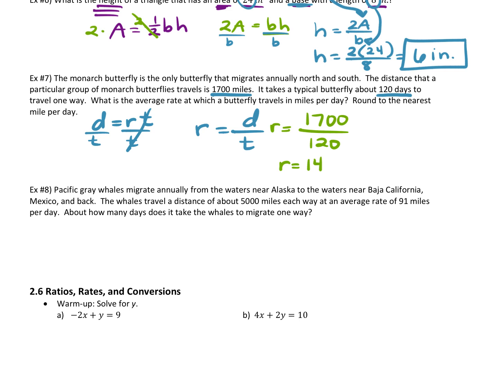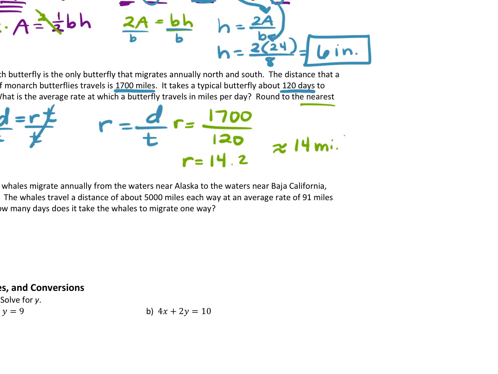It came out to 14.2. It says round to the nearest mile per day. So 14.2 would be approximately 14 miles per day. Yeah, the squiggles mean about, right? It's a rounding. Don't worry if you don't make them squiggles. That's fine.